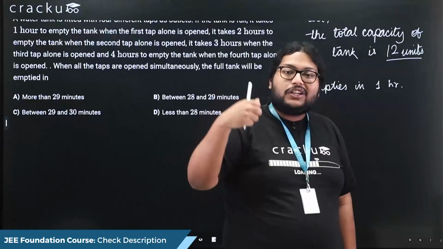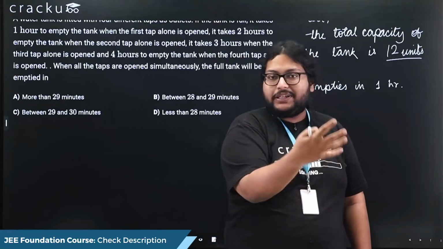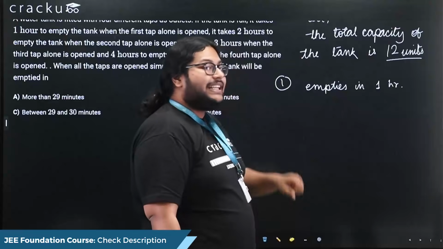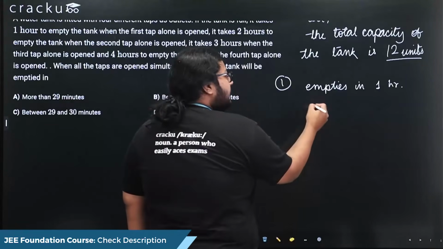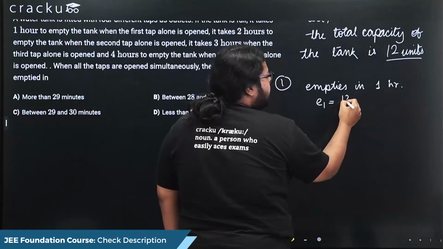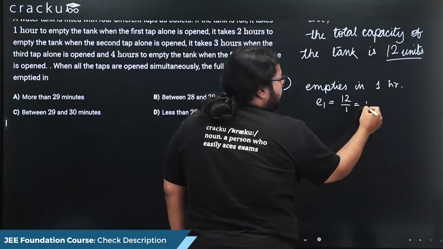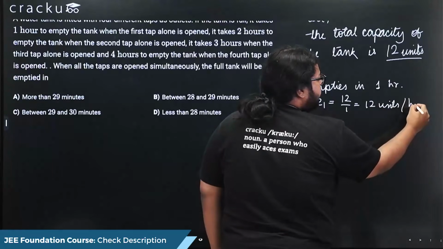That is basically called the efficiency or the rate at which the water is dissipated. I'll call it E1, the efficiency of the first tap. E1 is basically 12 units in 1 hour, so that is 12 by 1, which is 12 units per hour.